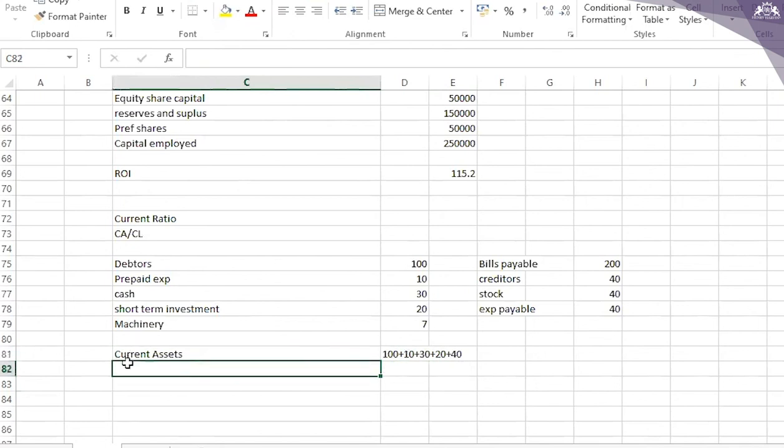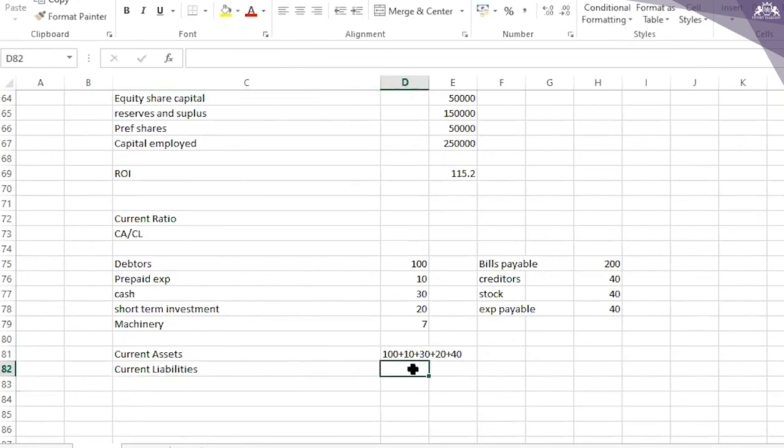And your current liabilities are your bills payable, sorry, this is 20, your sundry creditors, your expenses payable.